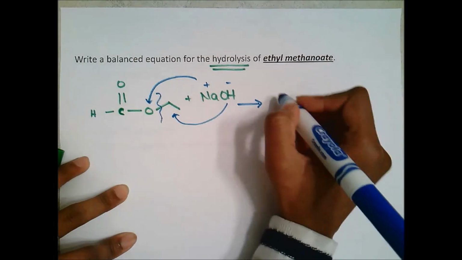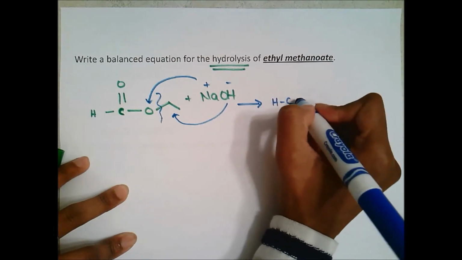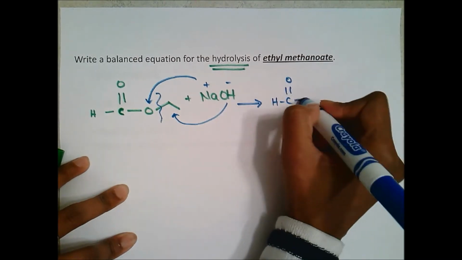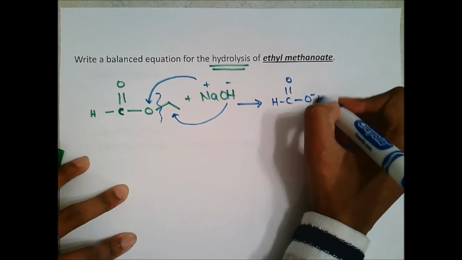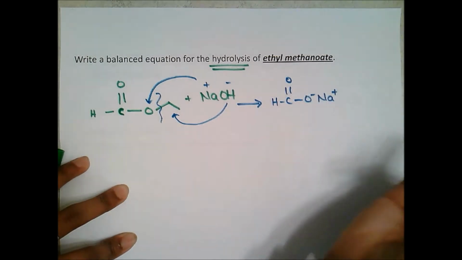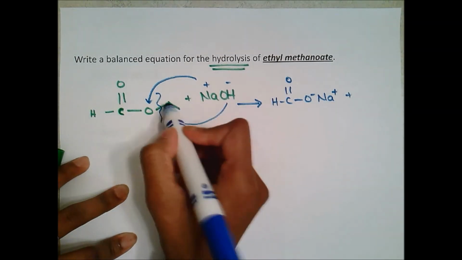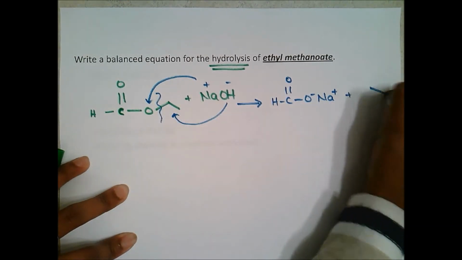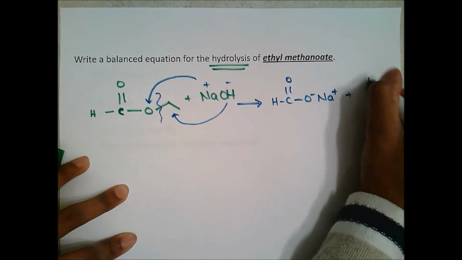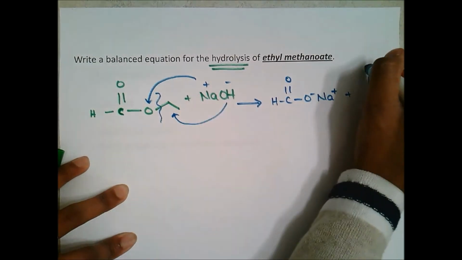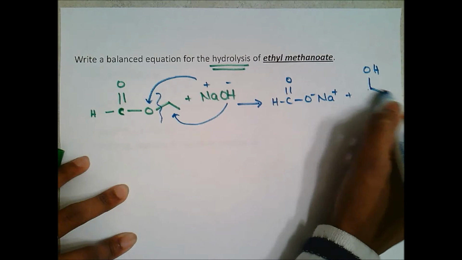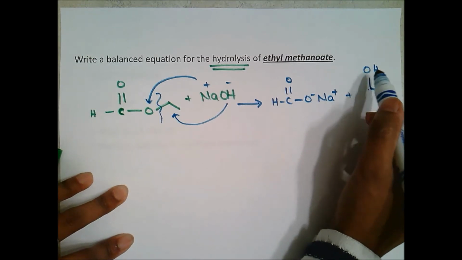So I would have ended up with the sodium. Sometimes I'll put in the negatives and the positives, you don't have to. And I'm also going to get the ethyl group attached to the alcohol. So here is the ethyl group attached to the alcohol.